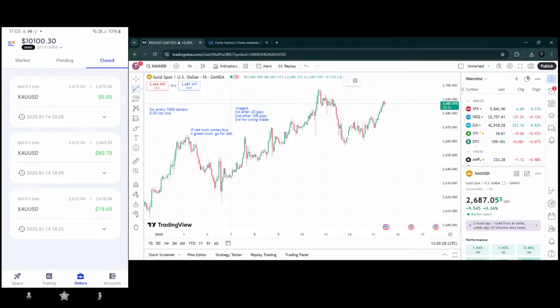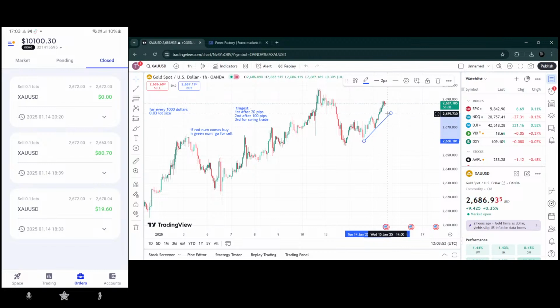So first we'll take one line and put it here like this.